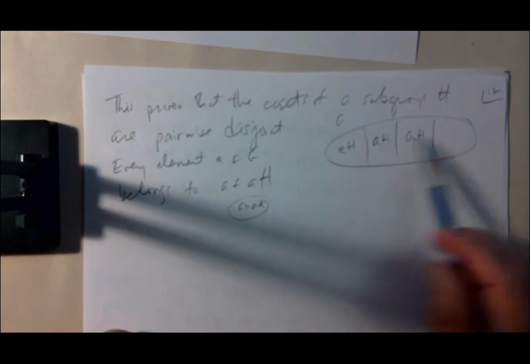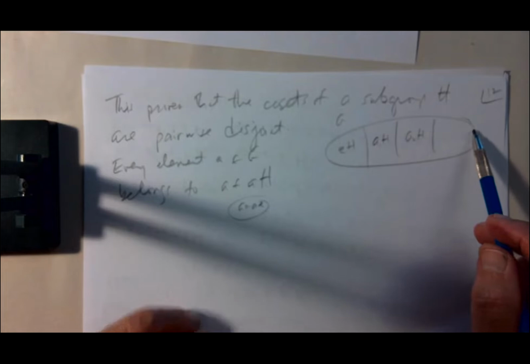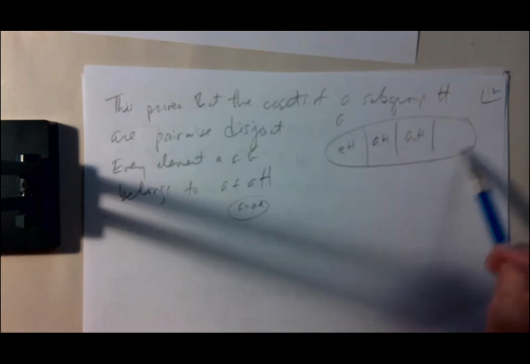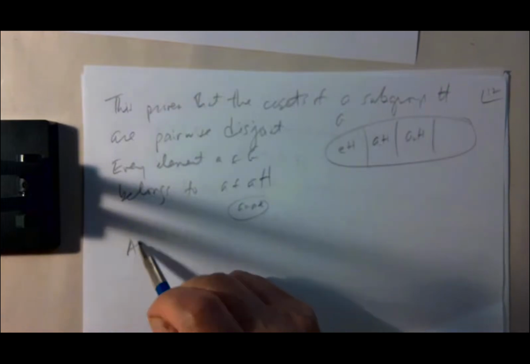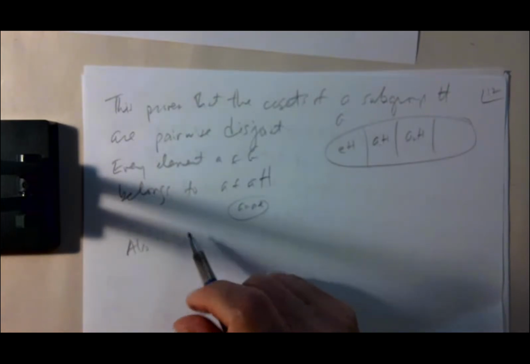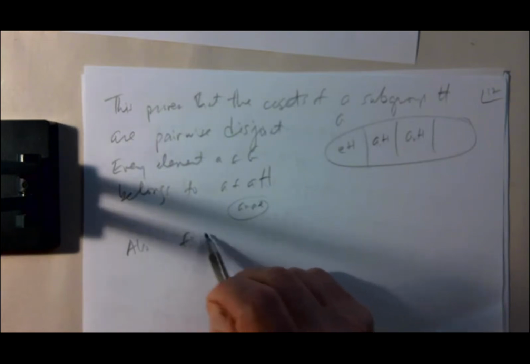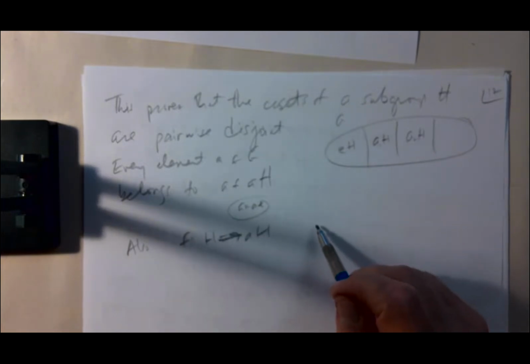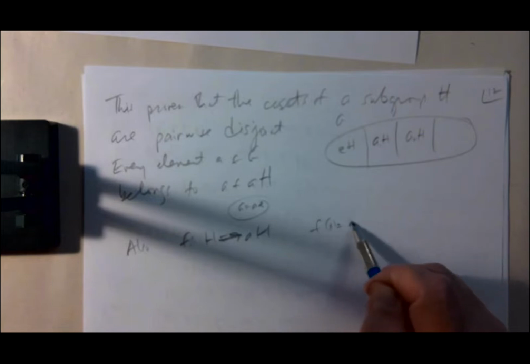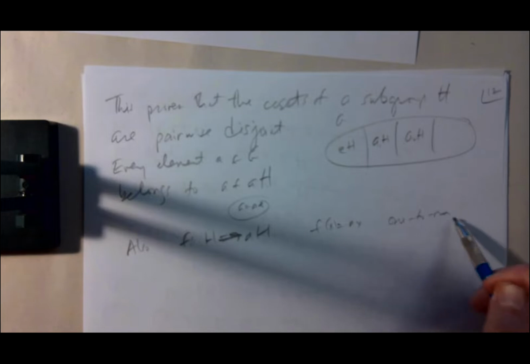So if I look at all of these cosets, there can only be finitely many because G is a finite group and these are finite subsets. Moreover, if I take a function f from H to AH by f of x equals AX, this function is 1-to-1 and onto.